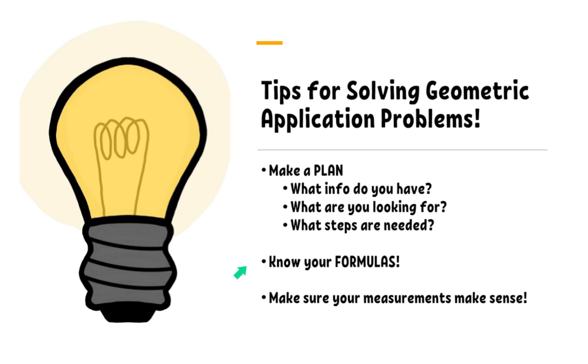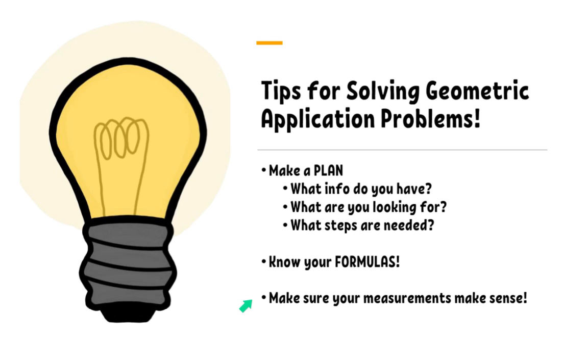My biggest tip is know your formulas and write them down. It's one thing to know off the top of your head when there's no pressure that the area of a triangle is 1/2 base times height. But given a problem about the area of a triangle, if you don't write that down, it is so easy to make a small mistake there, and then all of your work is wasted because it's going to give you the wrong answer.